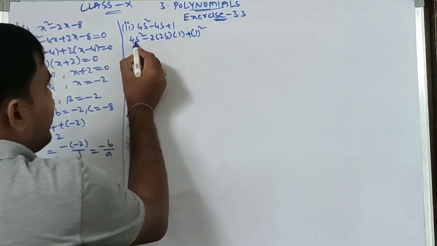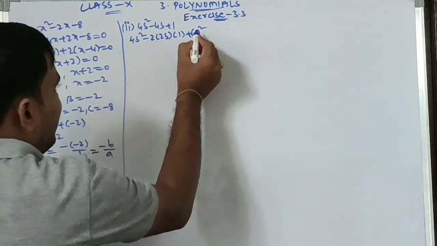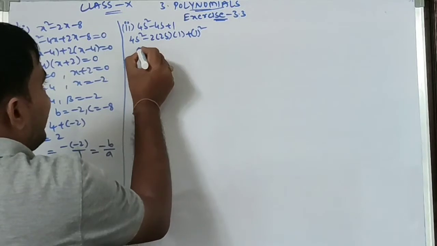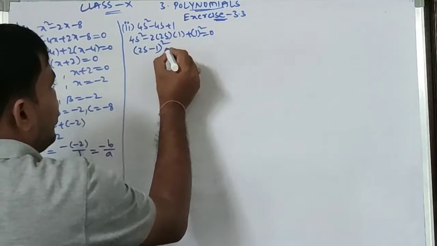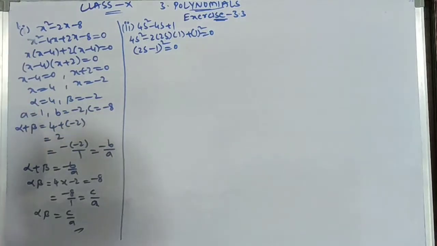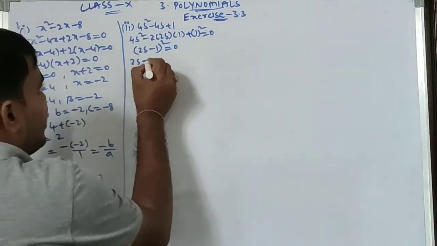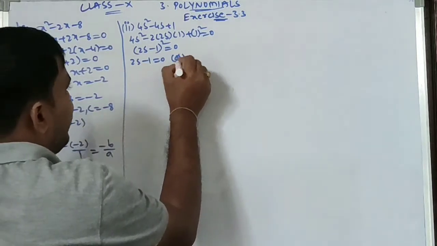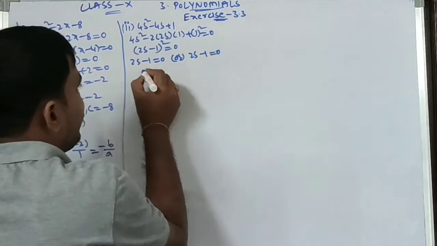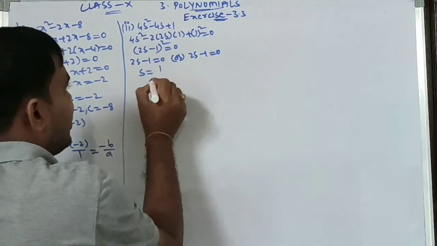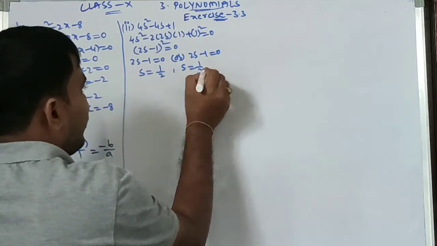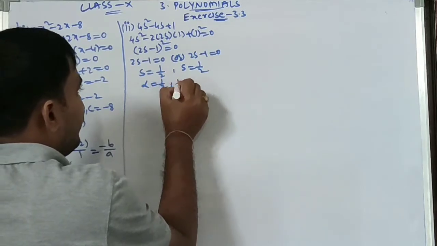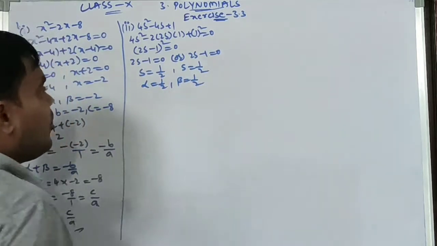This is a square minus 2ab plus b square. So we can write it as 2s minus 1 whole square. Make it equal to 0. 2s minus 1 whole square. So 2s minus 1 equal to 0, and again 2s minus 1 equal to 0. s equal to, bringing this side, minus 1, and 2 bringing this side, 1 by 2. s equal to again 1 by 2. Alpha equal to 1 by 2. Beta is also equal to 1 by 2.